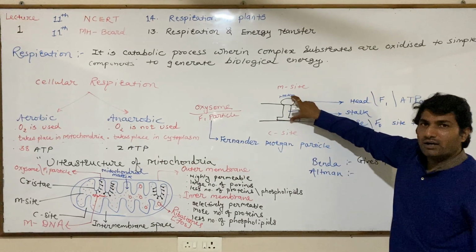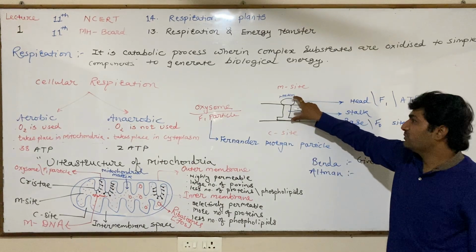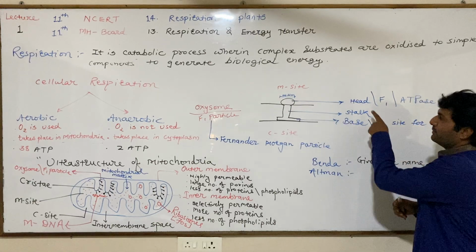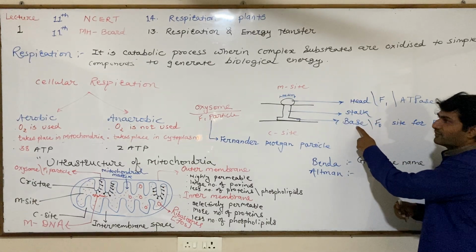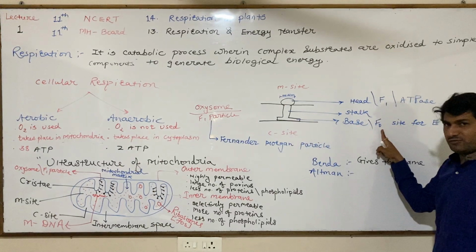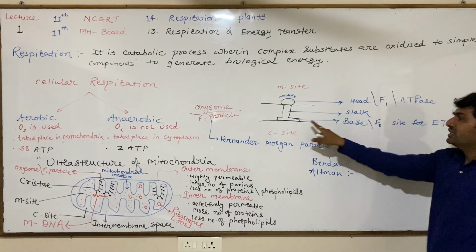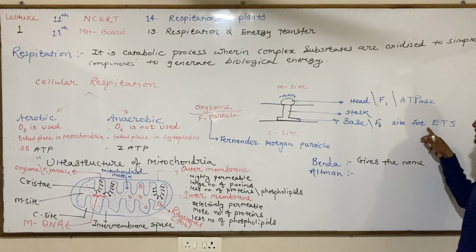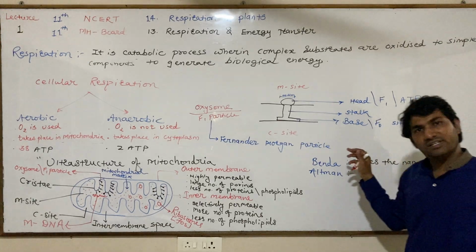Actually, this specialized protein consists of three parts: head, stalk, and base. The head is also known as F1, while the base is known as F0. And F0 is the site for ETS, the electron transport system.